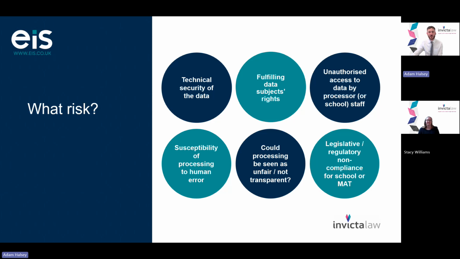What about the risk of unauthorized access to that system, either within the school or by our data processor? The human error element too, particularly thinking about it from our perspective as the school. What if we need to, in order to set this particular app up for our school, are required to transfer, perhaps manually, quite a lot of student personal data into that? How do we mitigate the risk of human error and transferring the wrong data?